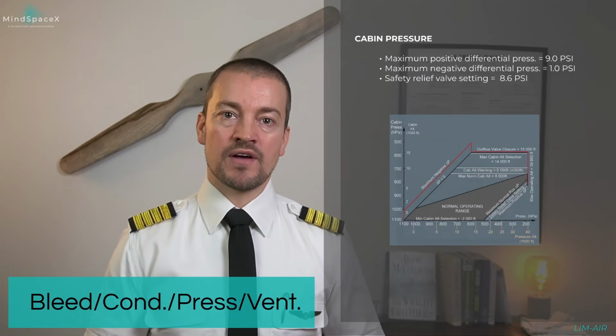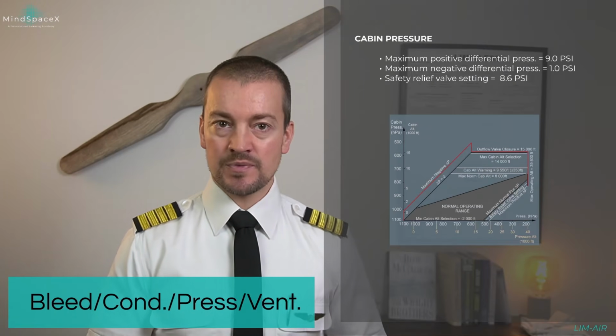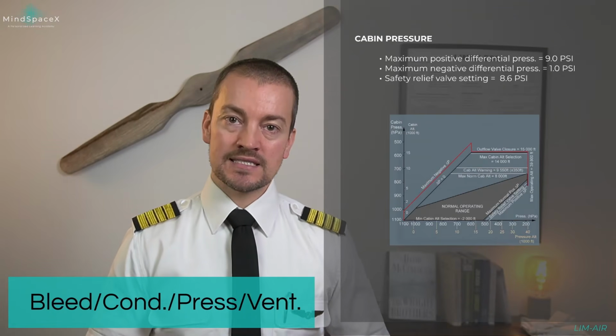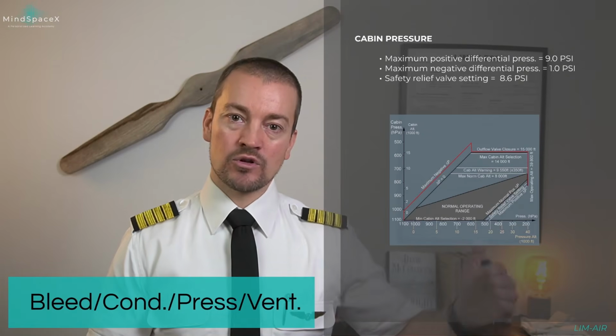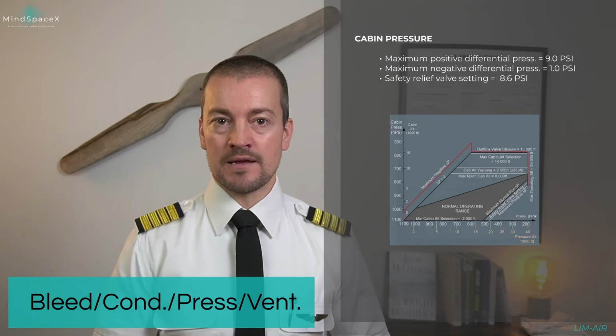The safety valve is set to operate at 8.6 psi, meaning if the differential pressure between outside and inside exceeds 8.6 psi, then it operates to let air out of the cabin to maintain the pressure limit at 8.6 psi.